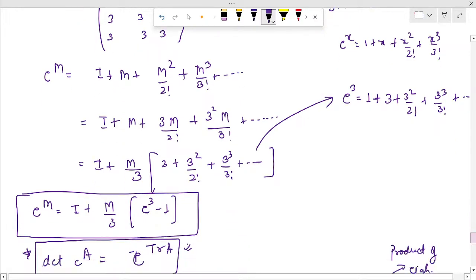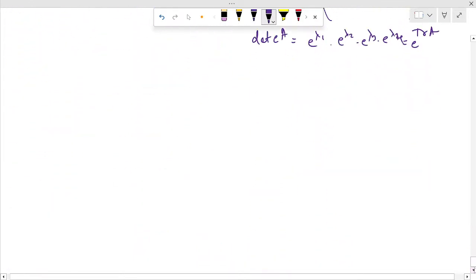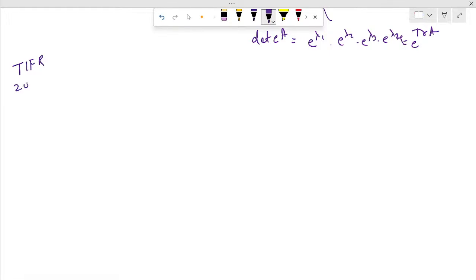Another concept that has been asked in the TIFR exam is something that is very favorite for the TIFR examination. So remember, this is something that was asked in TIFR 2017. It says that a unitary matrix can be expanded in terms of a Hermitian matrix.